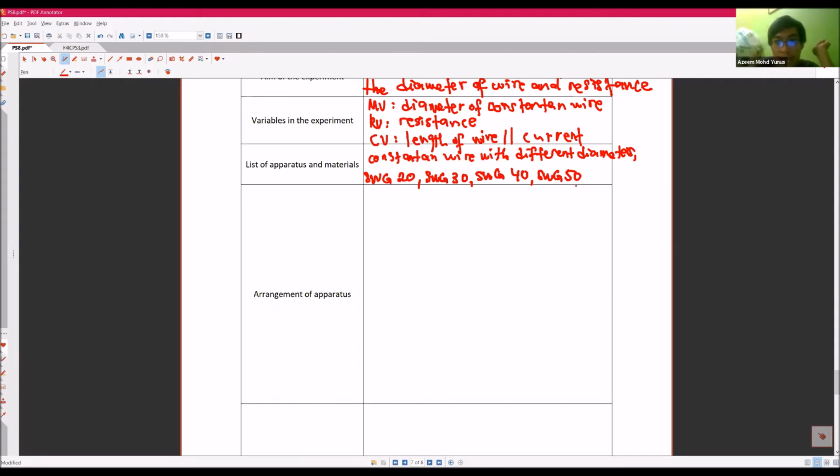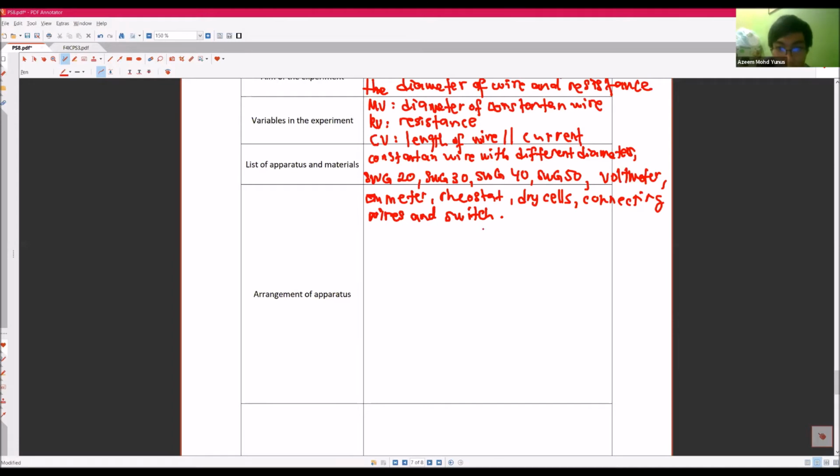So basically, the higher the number of SWG, the thinner the wire, and vice versa. So voltmeter, don't forget about that. And then ammeter, rheostat, dry cells, connecting wires, and switch.